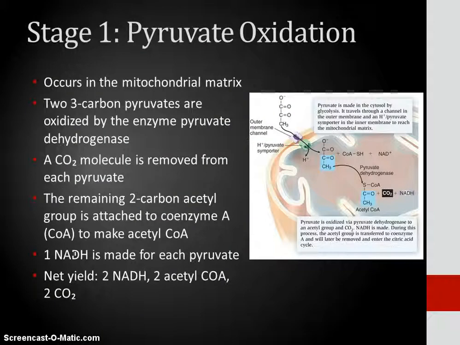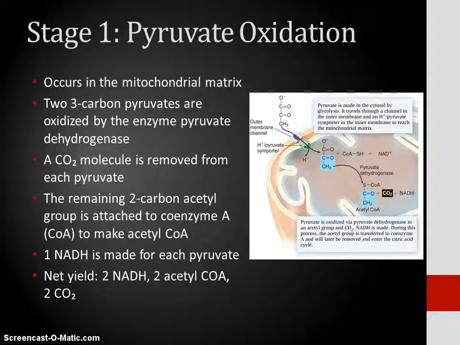Continuing on with glycolysis is pyruvate oxidation, which occurs in the mitochondrial matrix, and it is when the 2 3-carbon pyruvates produced at the end of glycolysis are oxidized by the enzyme pyruvate dehydrogenase.